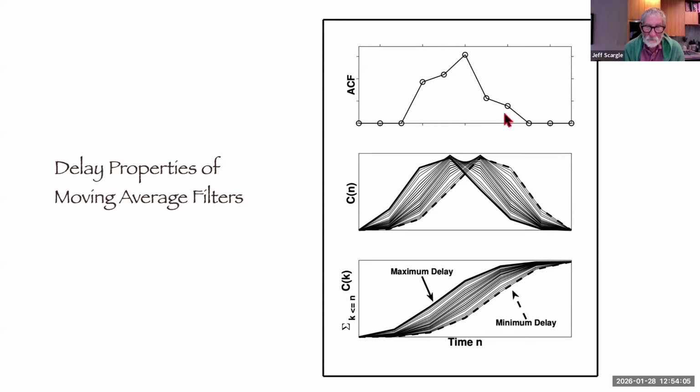There's a whole family of shapes, 2 to the n, where n is the number of points in the autocorrelation. And here's a plot of all those pulse shapes or filter shapes or whatever you want to call them that have the same autocorrelation.